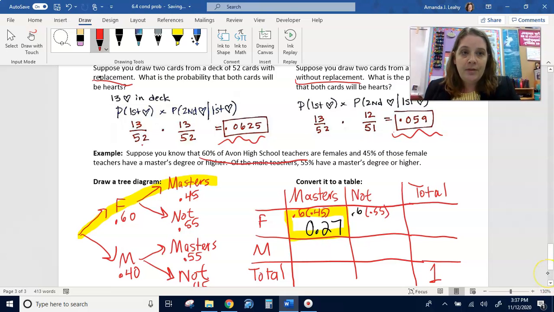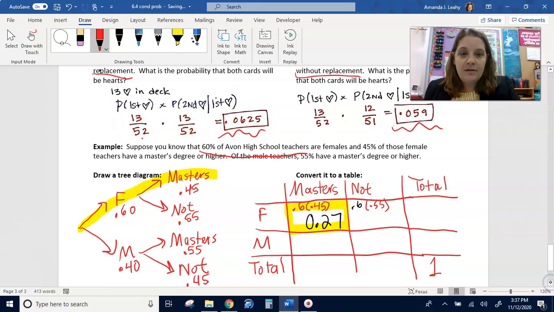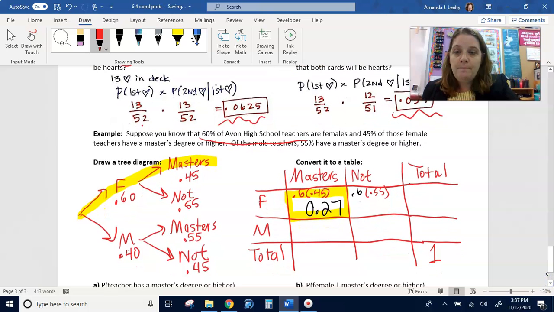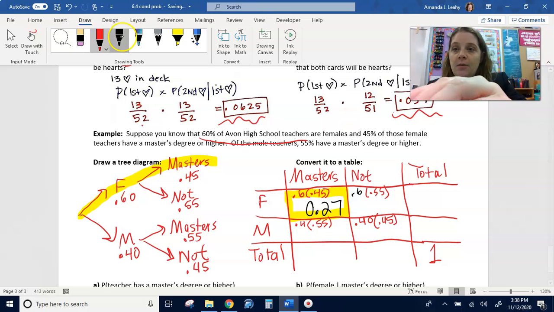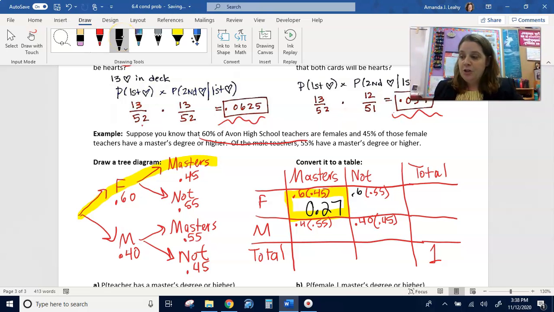And then for males and master's degree, I'm going to multiply down that branch of the tree. That would be 40% times 0.55. And then males and not master's degree, I'm going to multiply down that side of the branch. That's 40% times 0.45.